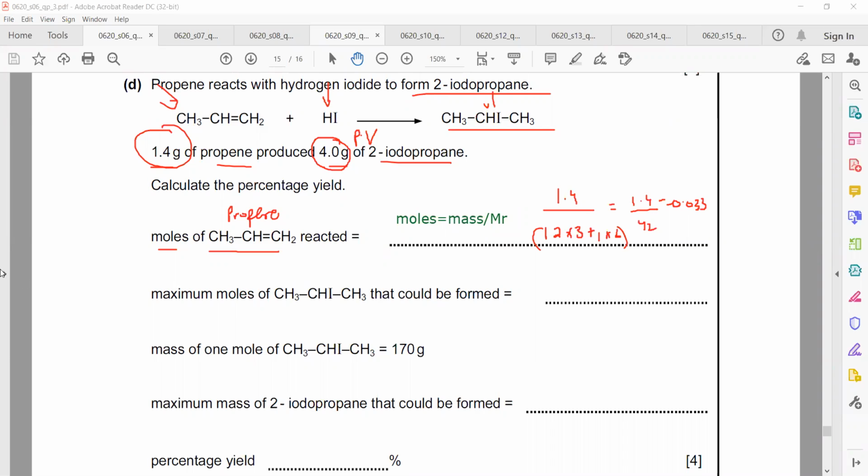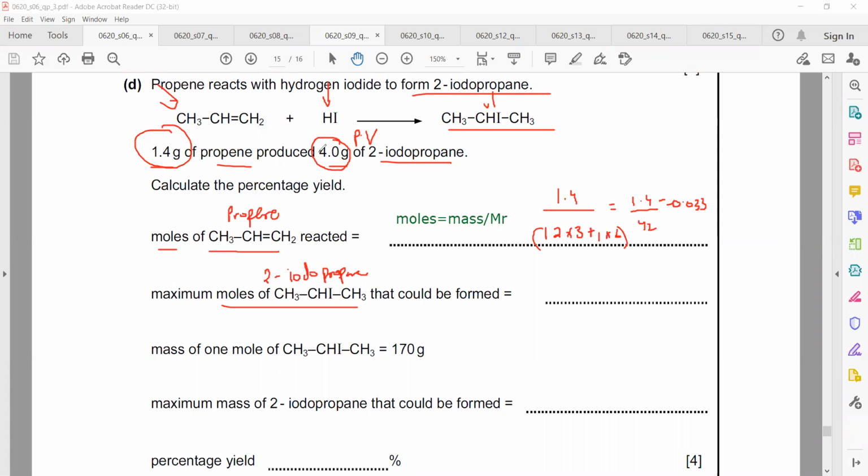Then the moles of CH3CHICH3 that could be formed. Look, this is iodopropane, or 2-iodopropane. Now, even though 4 grams of iodopropane were given, why will we not use a formula here?